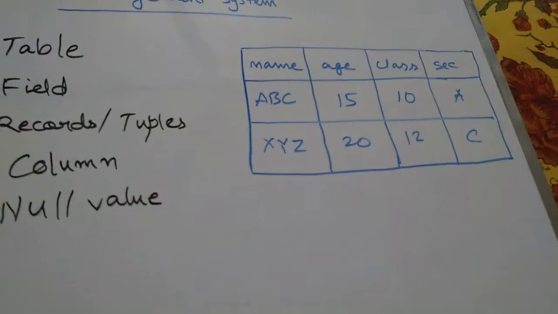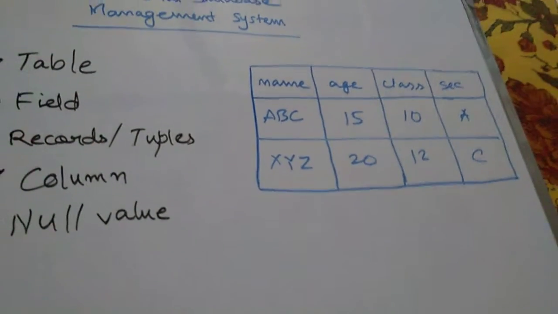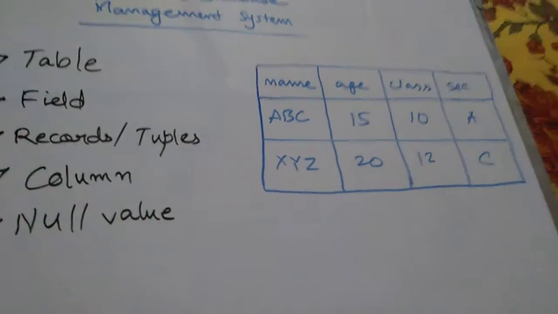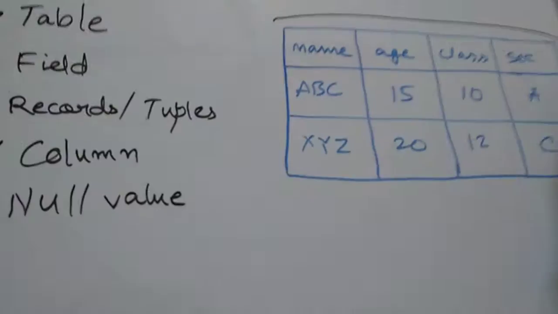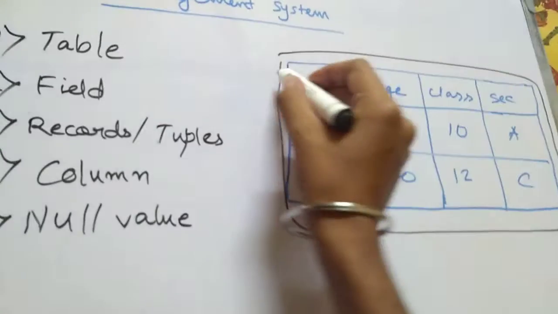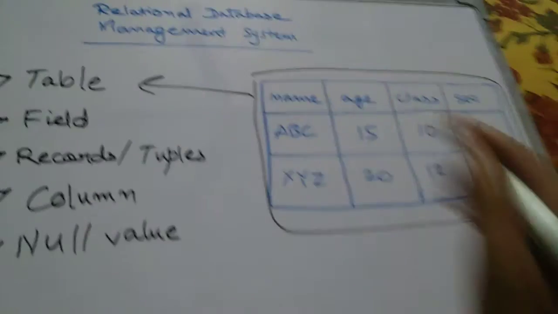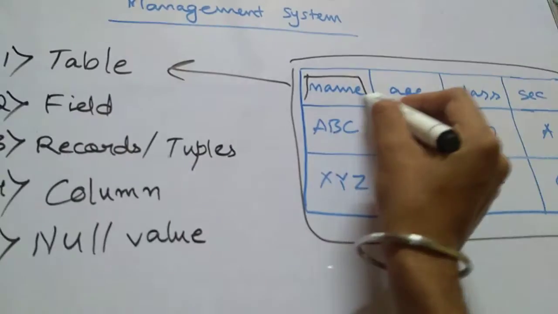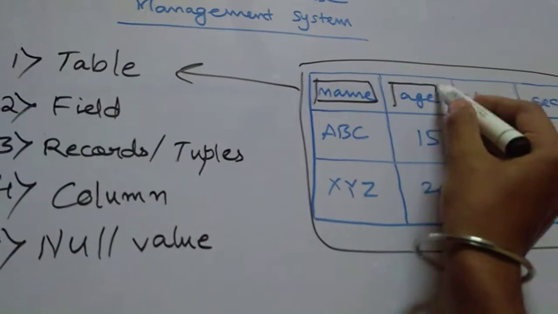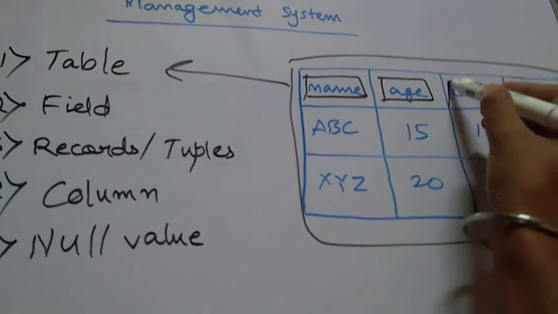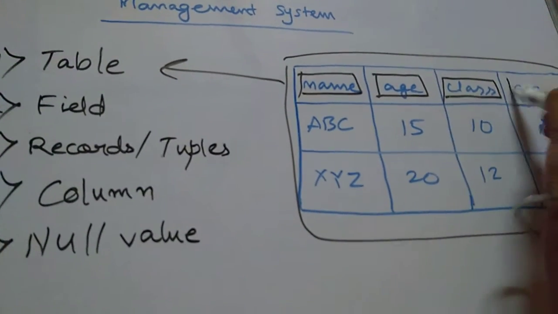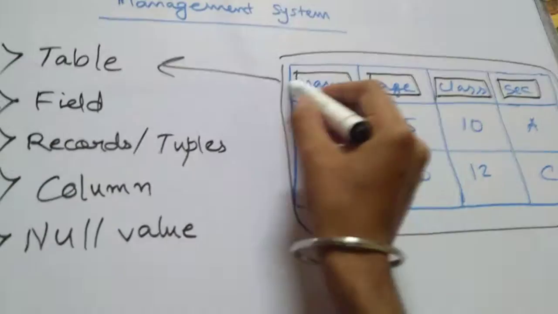Now, from this example, this whole structure is nothing but a table. Okay, these individual structures are called fields.